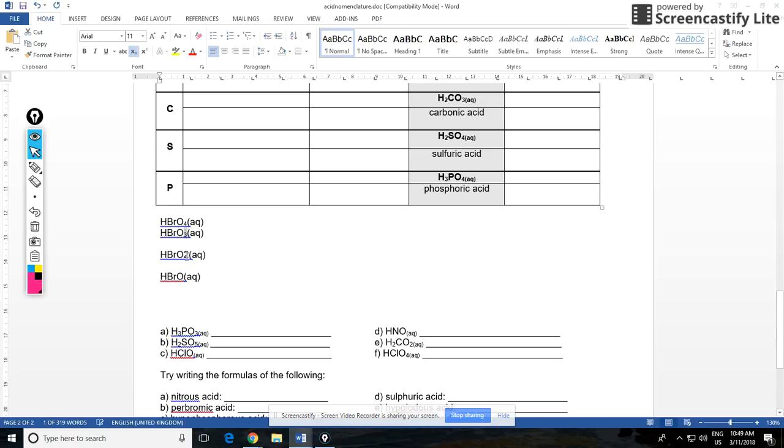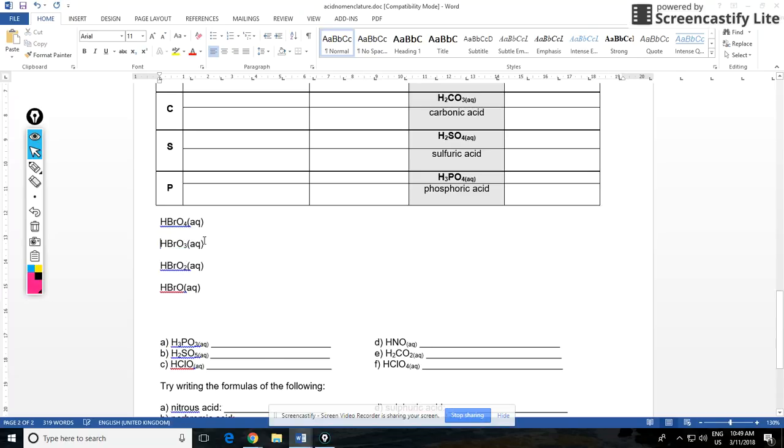You need to recognize that you have BrO3, that's bromate. So that's usually the first one that we'd name. Since we have bromate, we'd replace the ending by ic, so this becomes bromic acid. The one above the O3 is the perbromate ion, so you would call this perbromic acid.